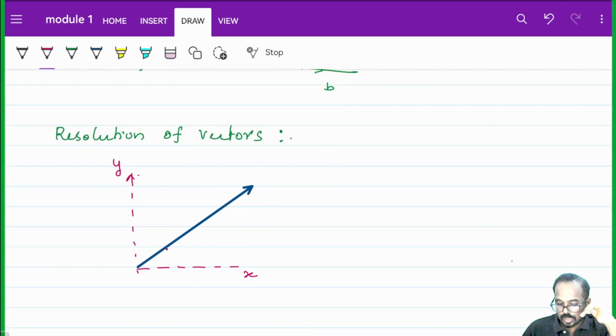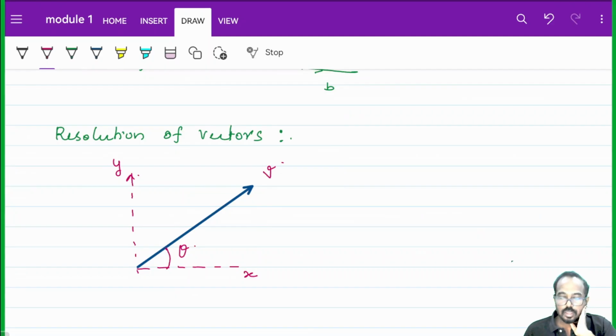This is at an angle, say theta, with the x-axis. For analysis, you will consider along the x-axis and y-axis. Say this is a velocity vector or force vector, any vector you can consider. You can resolve this along the x-axis and the y-axis.